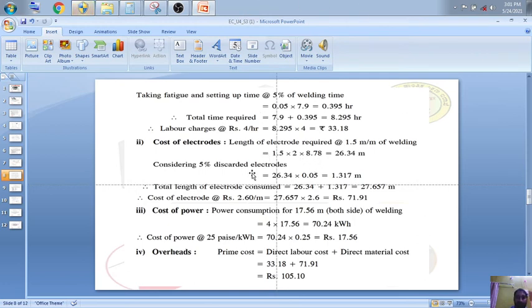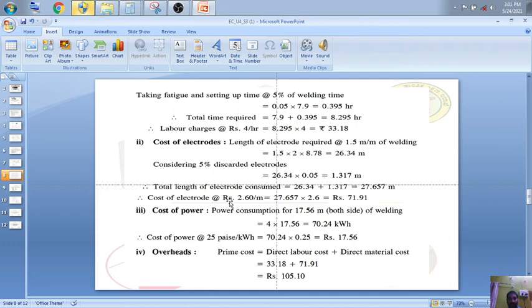Considering 5% of the electrode as discarded, the wasted electrode will be 5% of this. So 5% means 0.05 of 26.34, that is 1.317. If you add 26.34 to 1.317, that is 27.657 meter, the actual length of electrode consumed. The cost is given lengthwise, so directly multiply this by the cost per meter.